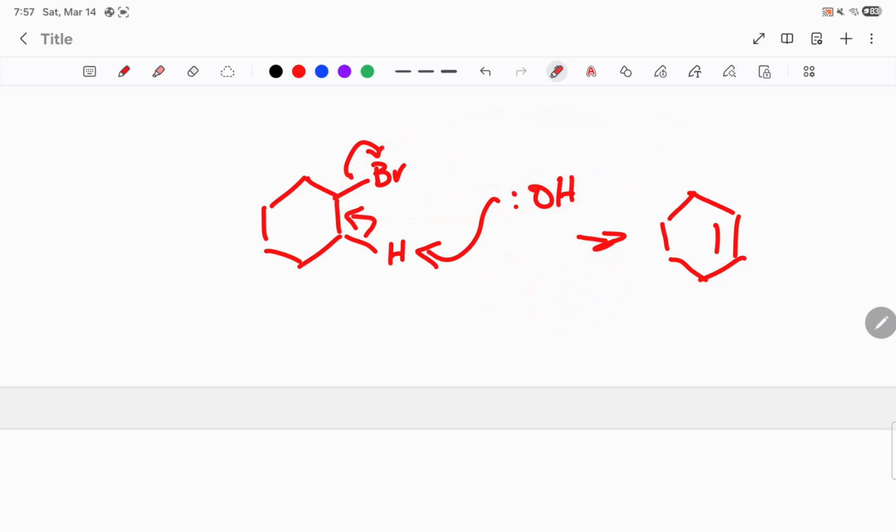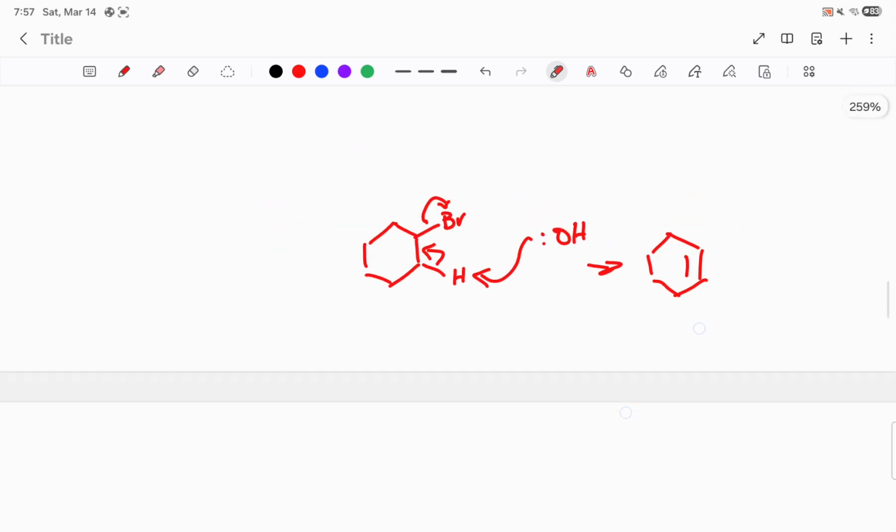Again, this is for reasons that you don't have to worry about right now. We'll talk about it at the end of the video, but it has to do with carbocation formation and the stability of the intermediate. But for now, don't worry too much about it. This reaction is concerted. Concerted means that it all occurs in one kind of step. There is no intermediate that is formed.